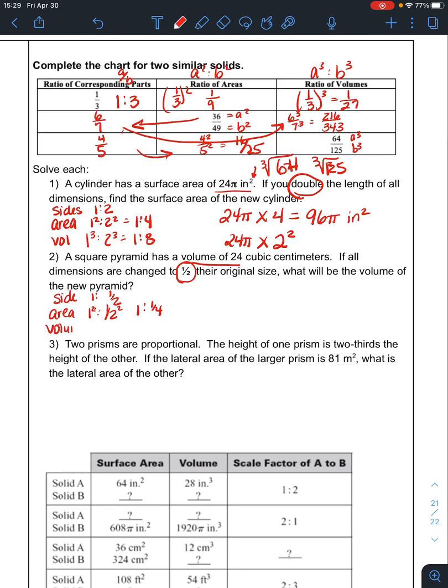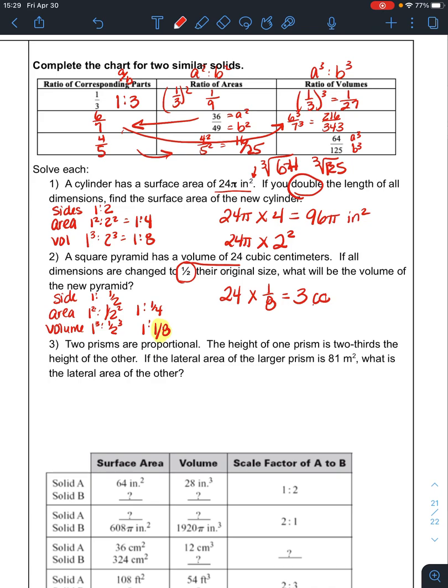And my volume will be 1 cubed to 1/2 cubed, which would be 1 to 1/8. I want to know what the new volume is going to be, so I'm going to use my volume multiplier. My original was 24. I'm going to multiply by my scale factor, and I'm going to get 3. My new one is going to be 3 cubic centimeters.